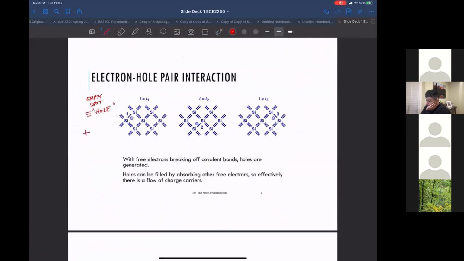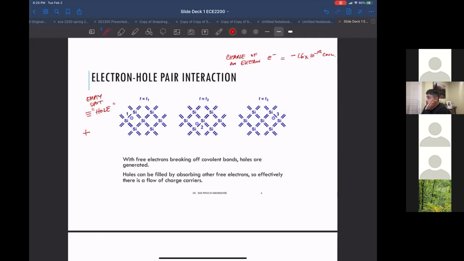The charge of an electron is defined as minus 1.6 times 10 to the minus 19 coulombs.